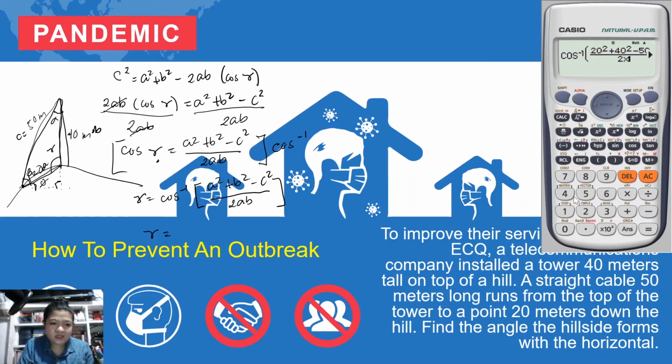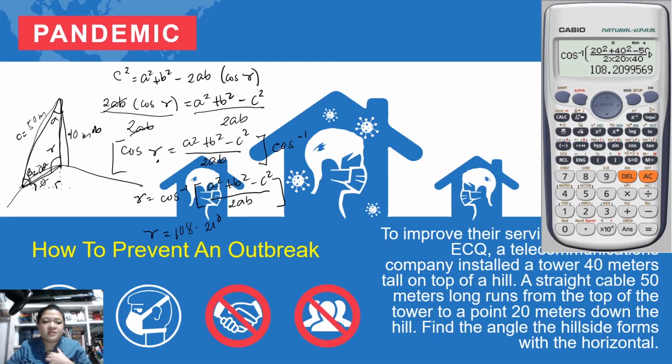So, A is 20 and B is 40. Okay, so gamma is 108.2099569 or 108.21 degrees. So, gamma is equal to 108.21 degrees. So, now that we know the measure of gamma, pwede na natin makuha ang measure ni theta.